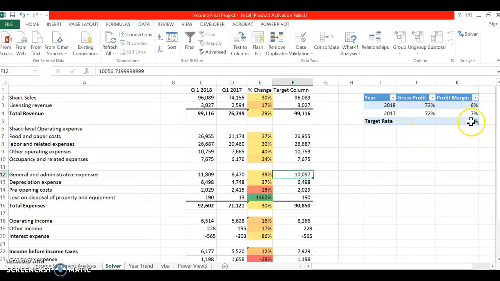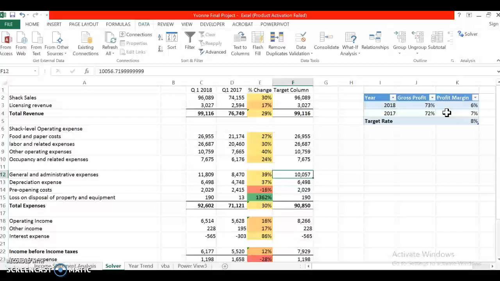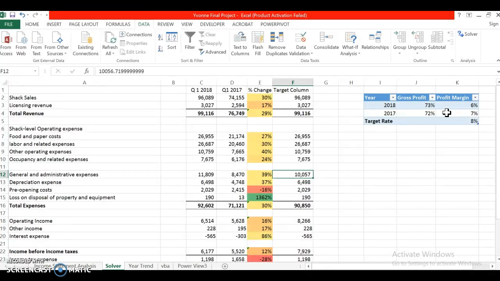So as we just mentioned, the profit margin is one of the key ratios that measures the profitability of the firm. We can see the profitability of the firm dropped in 2018, and we want to see a better profit margin result for the firm. So our target rate for the profit margin will be 8%.